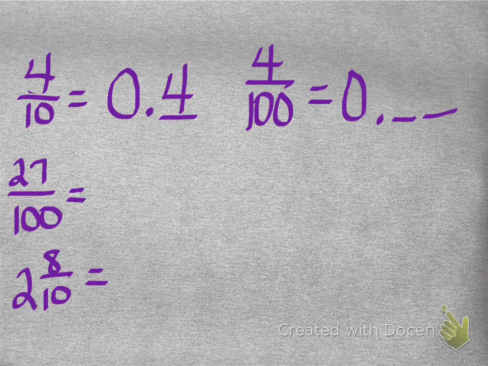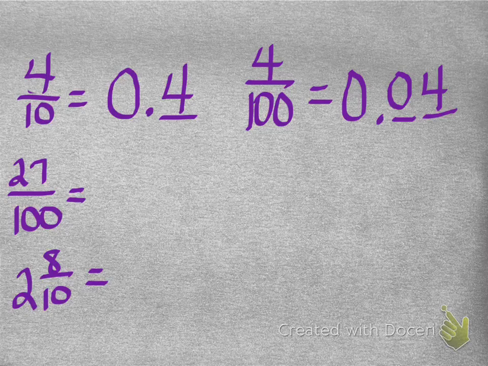The hundredths place is that second spot. So the 4 would go here, which would mean that I'm going to put a 0 right here. So my first decimal is 0 and 4 tenths. My second decimal is 0 and 4 hundredths. So you can see the difference in placement there.